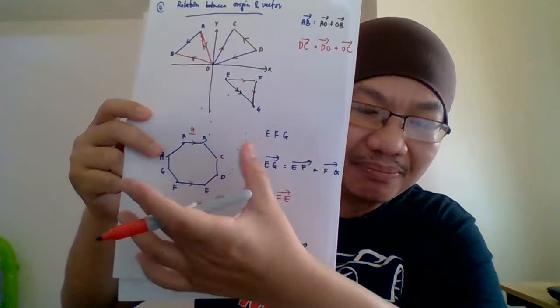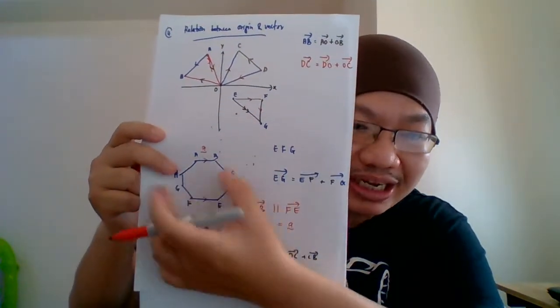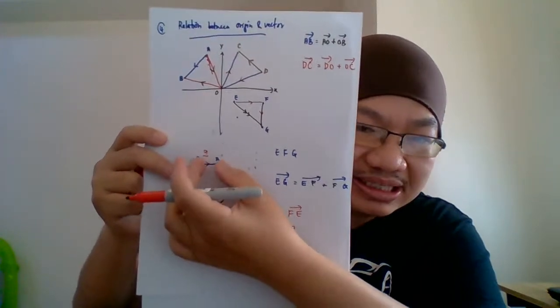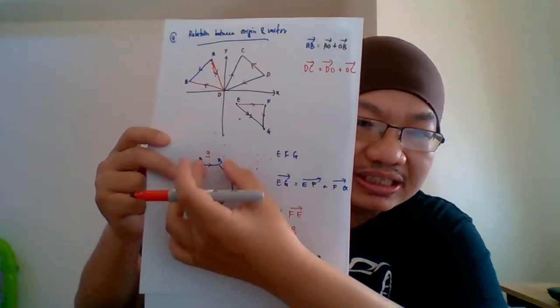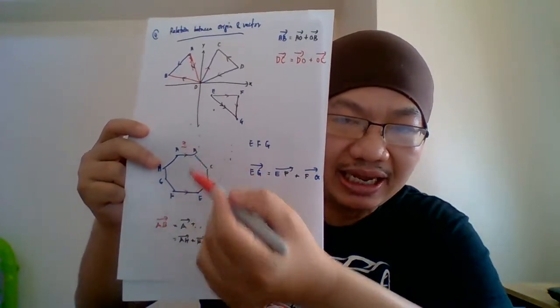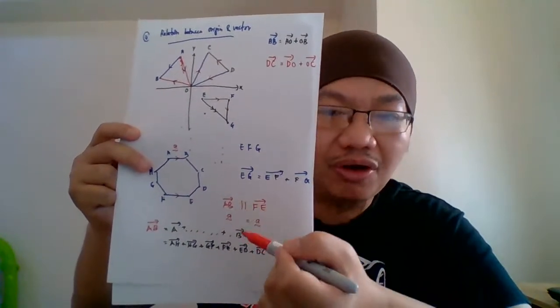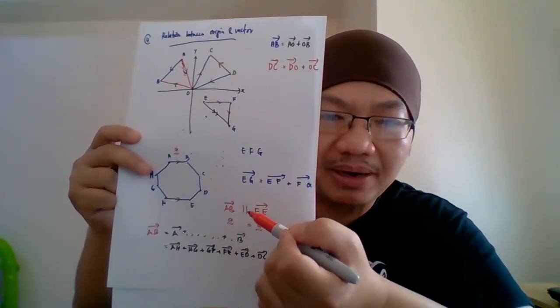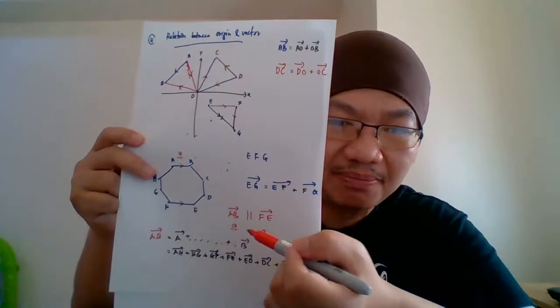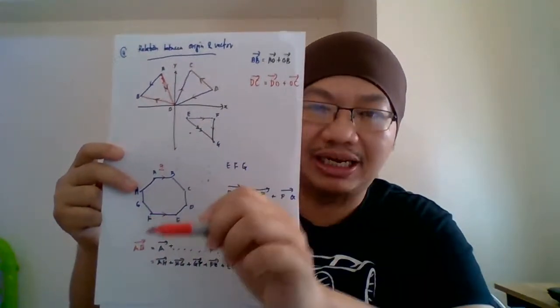Please assume that my diagram is a regular octagon, so this length and this length are also similar. So if this vector is A, this one is also A. The direction is also parallel. So we can make two conclusions here: AB is parallel with FE, and both of them are equal vectors. This is what we call equal vector.